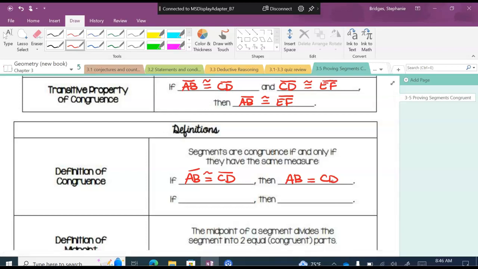You notice the difference in how I wrote that? The first blank is segment AB is congruent to segment CD. It has the segment bar above it, and it also has that little squiggly above your equal sign, making it congruent. If I'm saying that their lengths are equal, I do not put a bar over the AB, and I do not put the squiggly over the equal sign, okay?